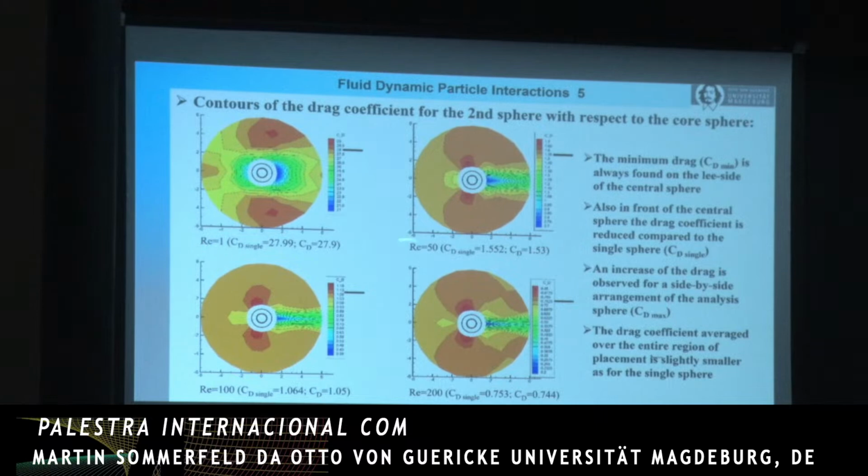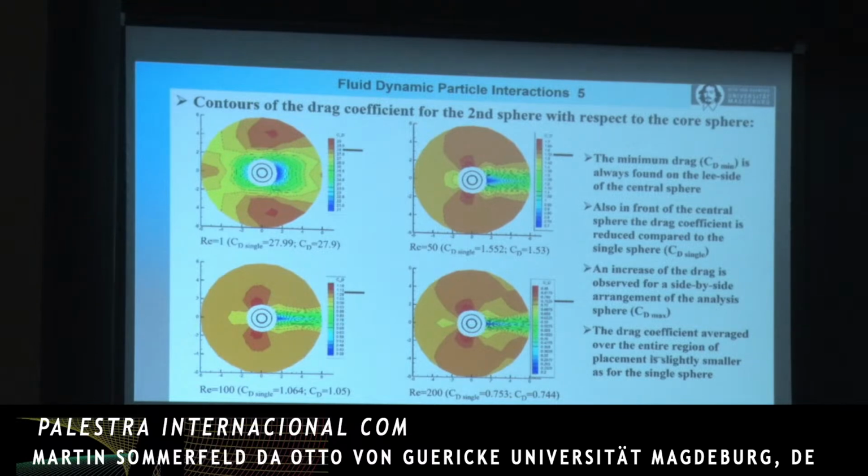This is Reynolds number 1, 50, 100, and 200. I made here this line which shows the mean value of single sphere drag, and you see that the side-by-side arrangement gives a drag increase, whereas when the second sphere is placed behind the first sphere, you have a drag reduction.